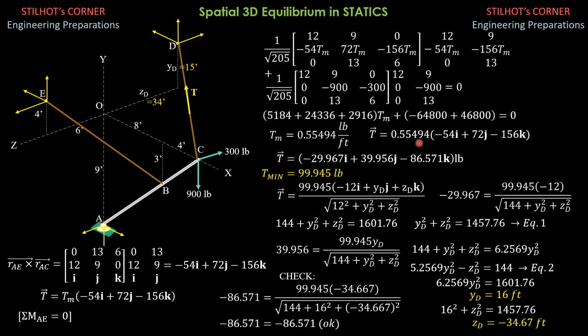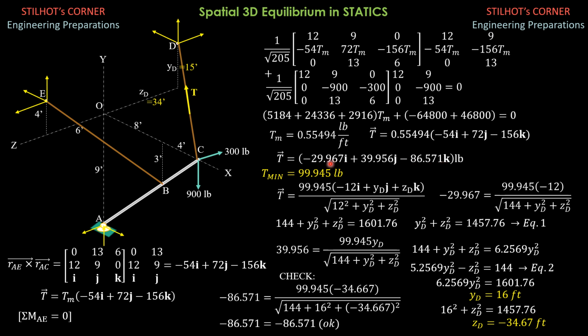So T in vector form is 0.55494 times the quantity negative 54i plus 72j minus 156k. So the tension in vector form is negative 29.967i plus 39.956j minus 86.57k.